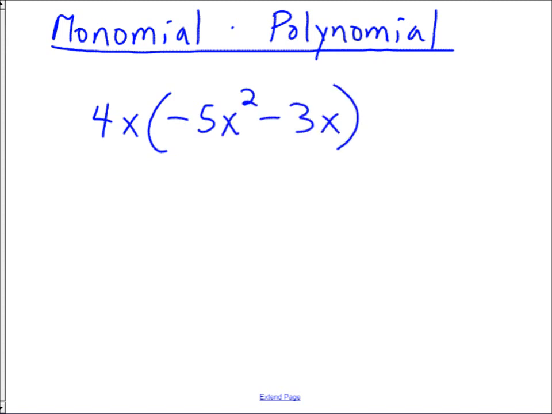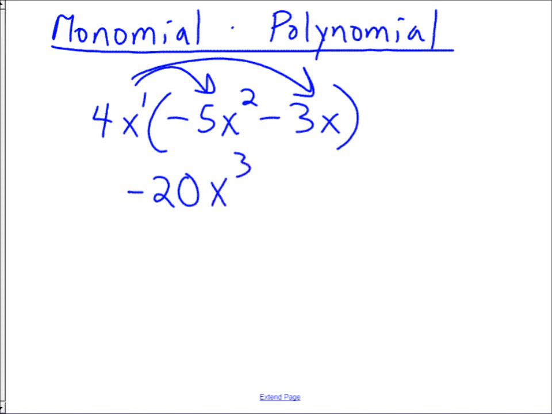Well, we're going to take the 4x and multiply it to each of the terms inside the parentheses. It's basically distributing with a little bit higher exponent. So we do 4 times -5, which is -20. We add the exponents. Remember, there's a 1 by that first x as the exponent. We get x to the 3rd.